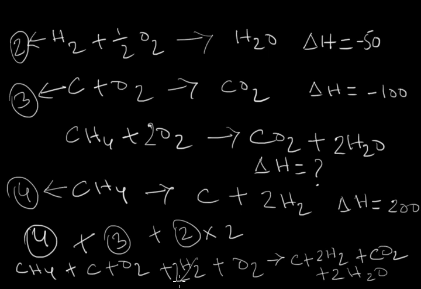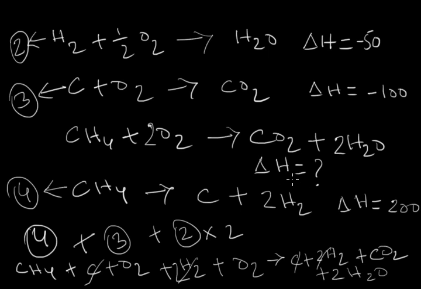So this 2H2 is cancelled, C is cancelled, and the equation becomes CH4 plus 2O2 arrow CO2 plus 2H2O.